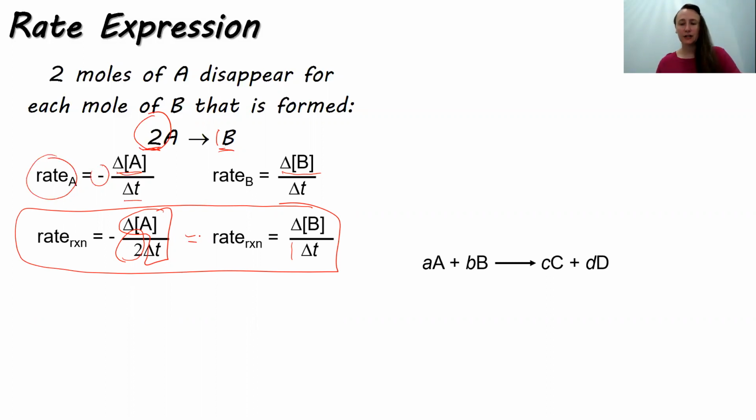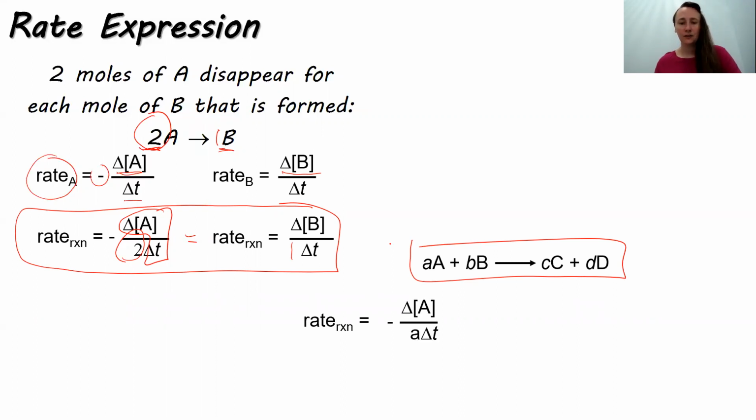So a rate expression in general, you can take your reaction and express the rate of reaction in terms of each species in the reaction. So in this generic reaction, the lowercase letters are the coefficients and the capital letters are the reactants and products.